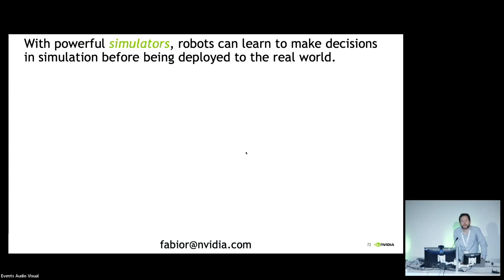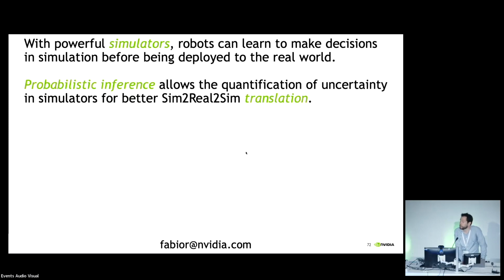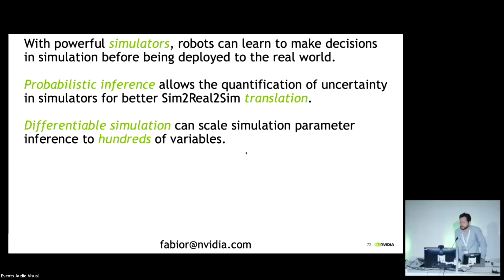Okay, so before I open for questions, I want to give you a few take-home messages. With powerful simulators, robots can learn to make decisions in simulation before being deployed to the real world. Probabilistic inference is a glue that allows the quantification of uncertainty and better sim-to-real-to-sim translation.